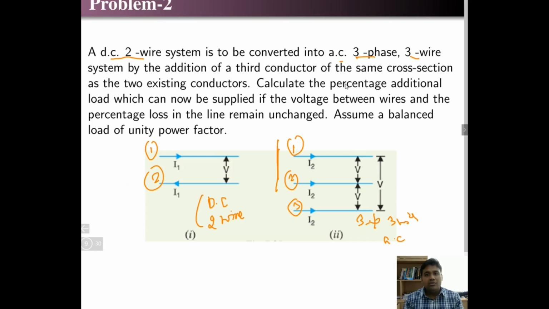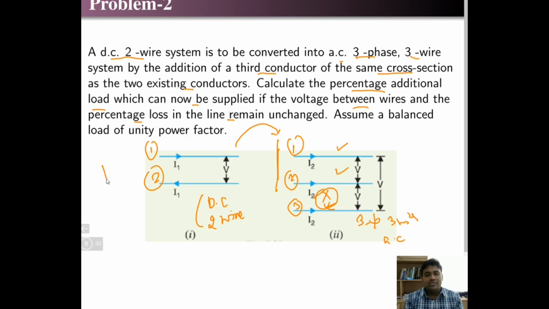Now it has been told that the third conductor has the same cross-sectional area as the two existing conductors. Calculate the percentage additional load which can now be supplied when we convert the DC two-wire into a three-phase system, keeping the voltage between the wires and the percentage loss in the line unchanged.